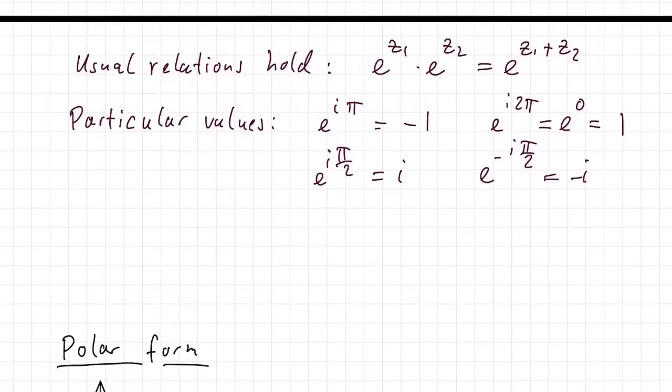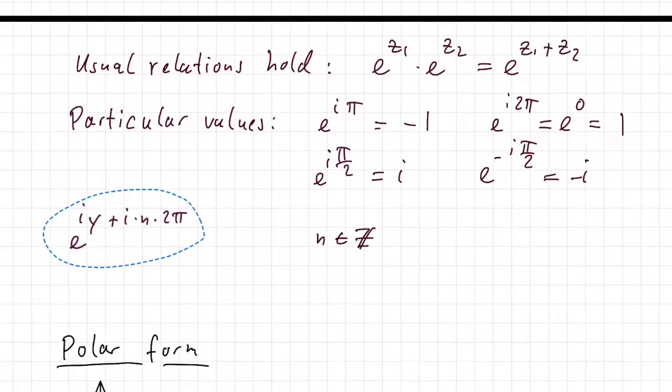So, knowing this equation here, that e to the i pi is the same as e to the i times 0 equals 1, that one actually tells you that if we have, in general, e to the power of iy plus i times n times 2 pi, where n is some integer number, then that result is equal to e to the i times y.